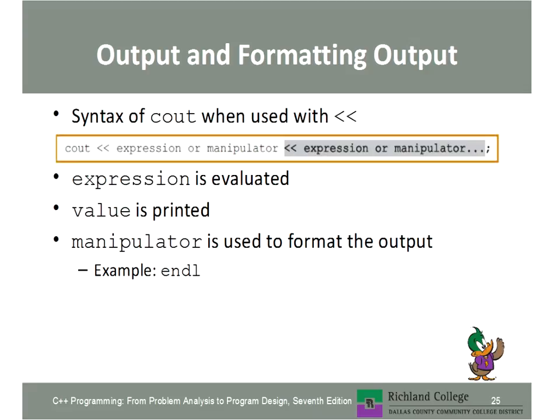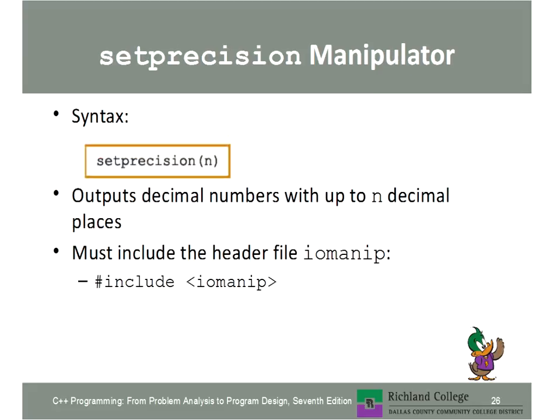So far in the course, we only looked at expressions or literals, when you displayed a literal string for the users, but not the manipulators. So in this section of the chapter, we're talking about manipulators. How do we manipulate the output on the screen? And how is the value printed onto the screen?